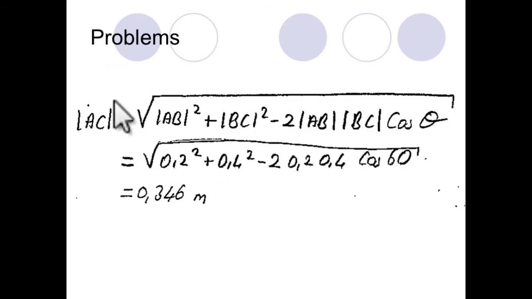So AC is equal to the square root of AB squared plus BC squared, minus 2 AB BC multiplied by cosine theta. I know all the values. AB is equal to 0.2, BC is equal to 0.4, and therefore I can easily find the length of AC. It is 0.346 meters.